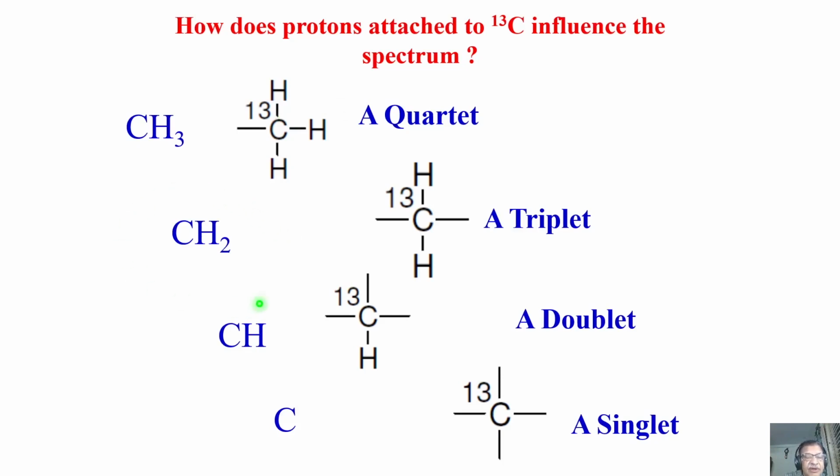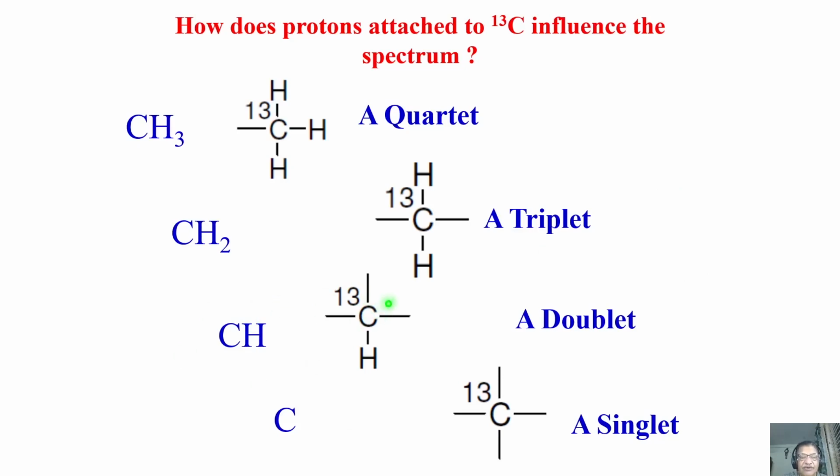Now, what about the CH2 carbon? These two protons are equivalent. Again apply the 2nI plus 1 rule. This carbon will be a triplet. And what of the carbon attached to a single proton? We have come across many examples like CHCl3.